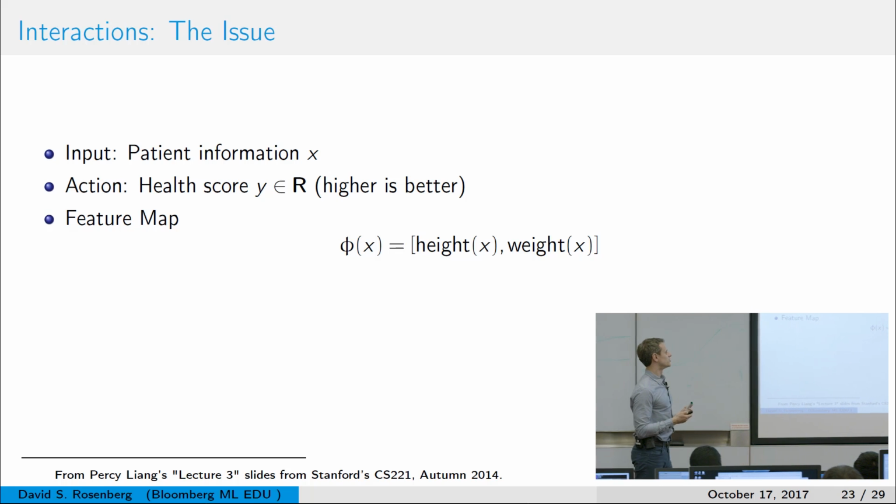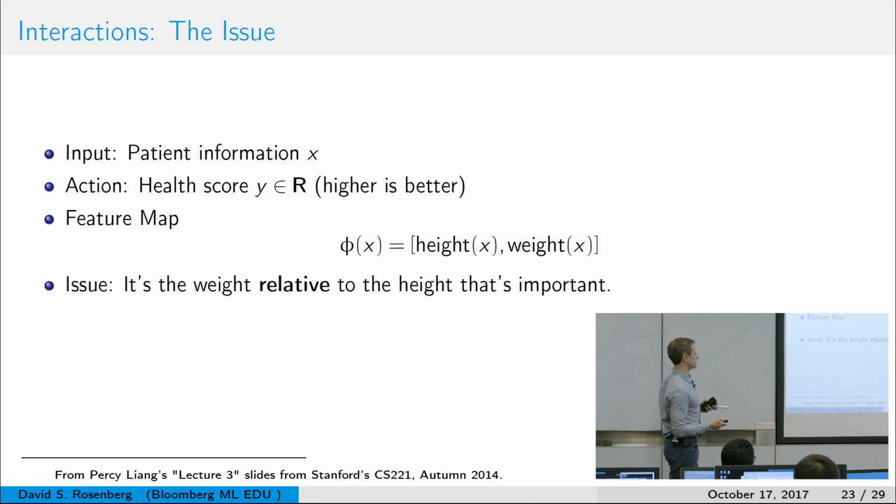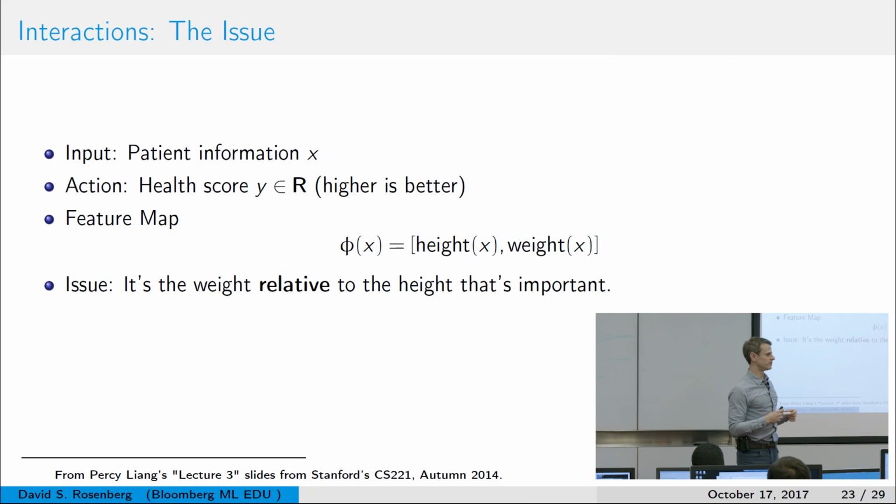The idea is you can't just look at height or weight in isolation and come up with healthy or not, because there's some relationship. Larger height would suggest a larger healthy weight. So it's relative. You might think like, oh, it's the ratio of weight to height that's important, or something like that. And so you could enter ratio of weight to height as a new feature.